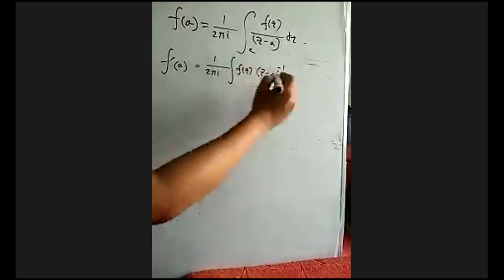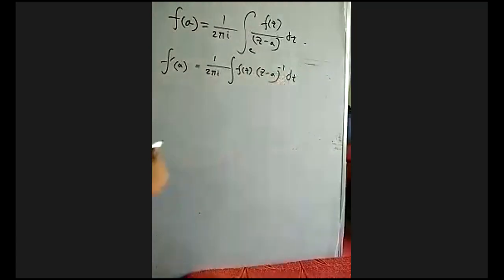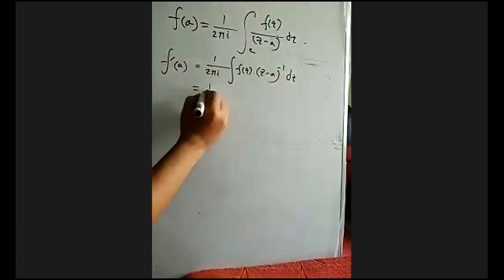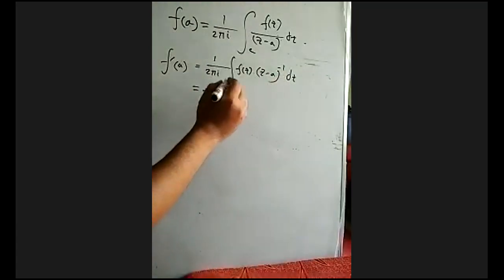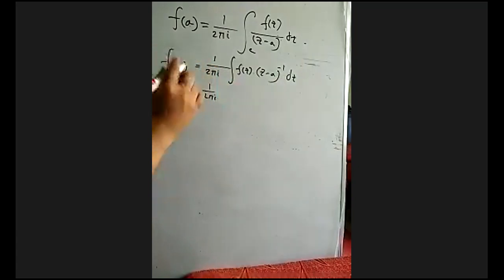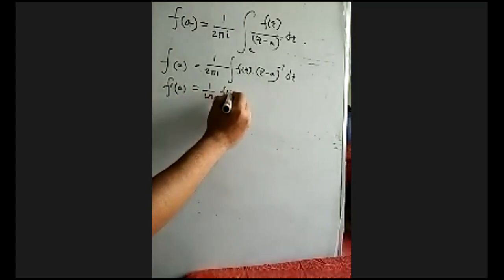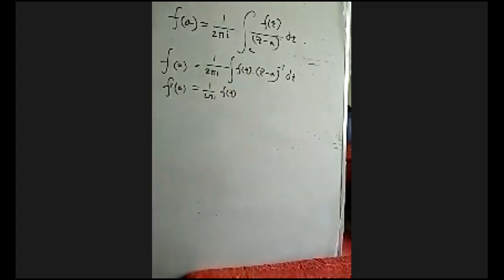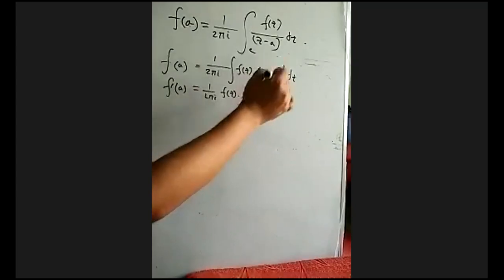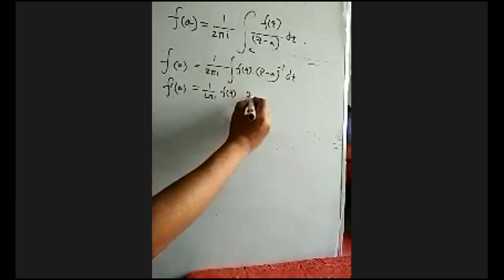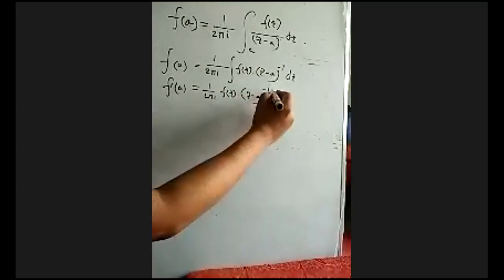So the first differentiation of this function with respect to a will be f of z, and 1 by z minus a can be written as z minus a to the power minus 1.